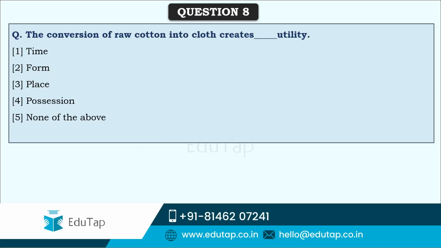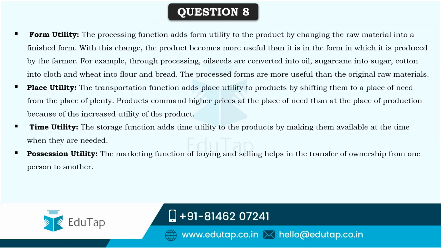So friends, next comes the conversion of raw cotton into cloth. It creates dash utility in basic economics. Whenever there's a produce, from the raw produce to the final produce, there is form utility, place utility or time utility. Here, raw cotton into cloth creates form utility because it is converting one form into another.